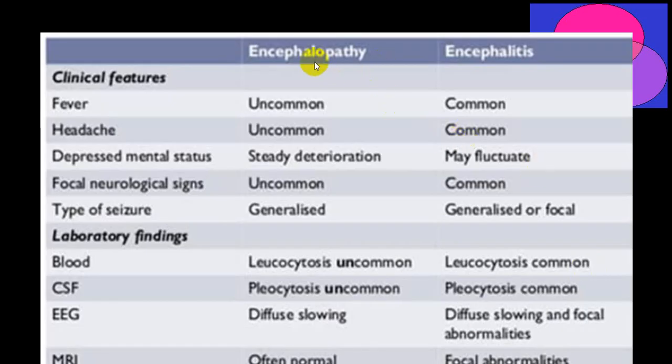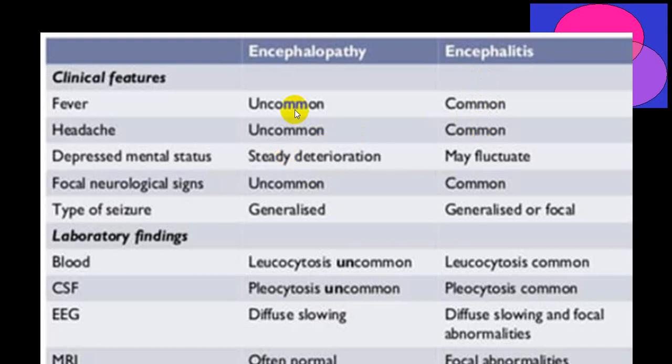We have already discussed encephalopathy versus encephalitis. Again, I am repeating. As far as the clinical features are concerned, fever and headache are uncommon in encephalopathy, while they are most common in encephalitis, because the commonest cause of encephalitis is viral infection.